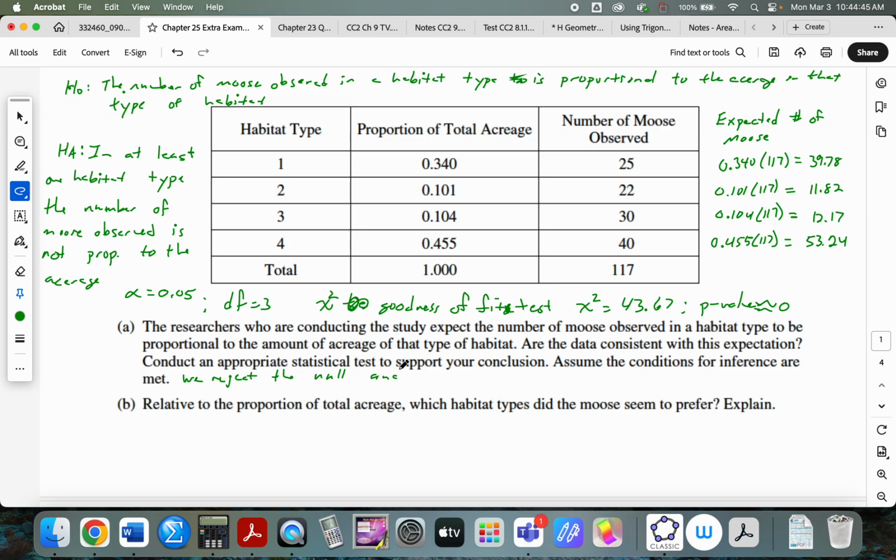And conclude that the number of moose in a habitat area is not proportional to the total acreage.